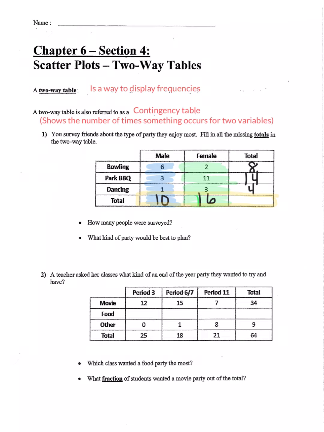So 10 plus 16 is 26. And just to make sure, if I add up the column here, 8 plus 14 plus 4, that also gives me 26. So now I know how many people were surveyed and what kind of party would be best to plan.